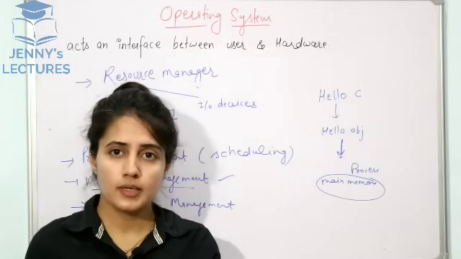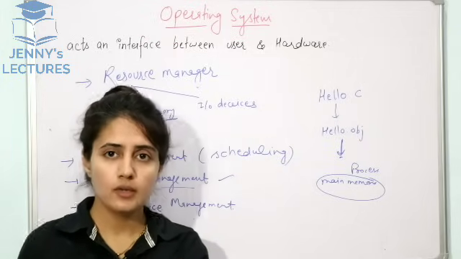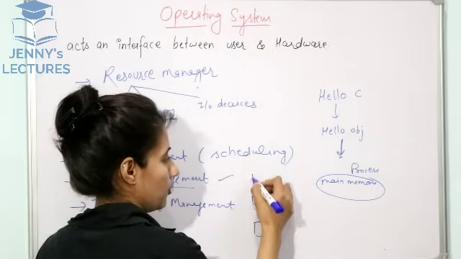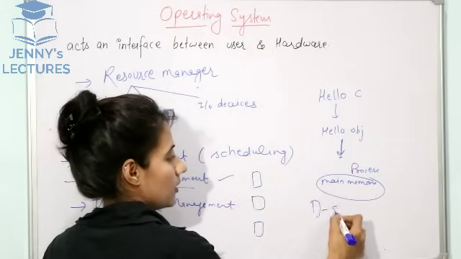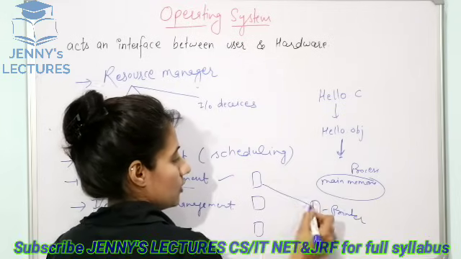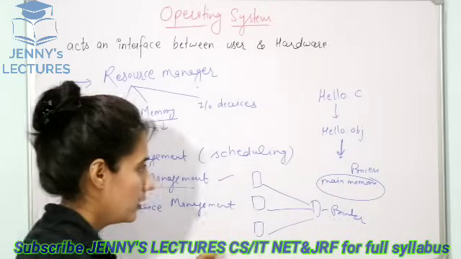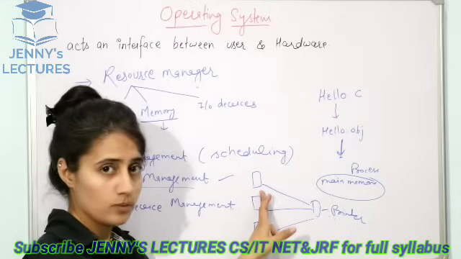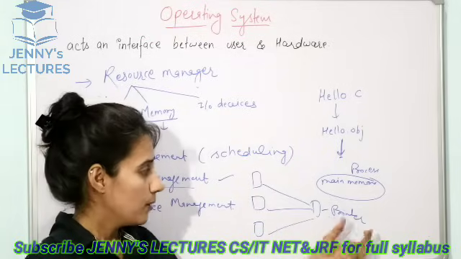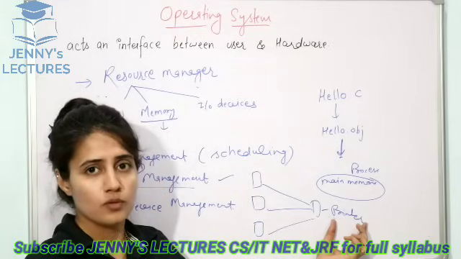If we have one printer and to that printer many computers are attached, say 2 or 3 computers, then this user can print something using this printer, and this user can also print something, but we have only one output device, that is the printer.